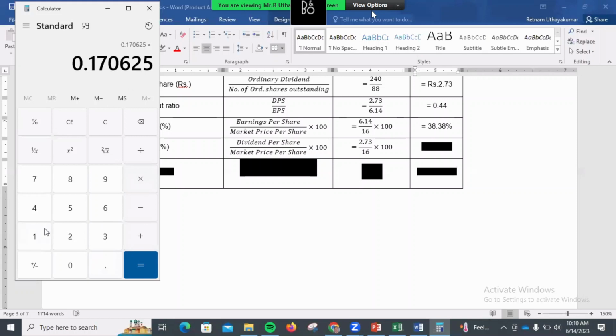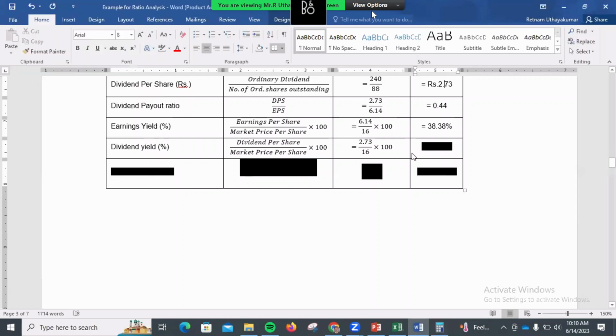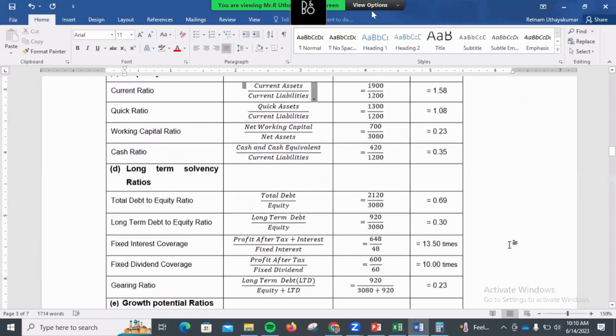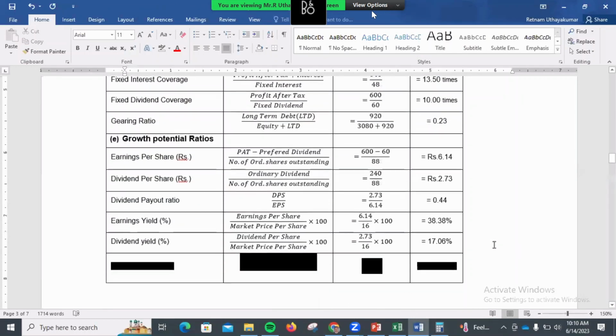And you can multiply it by 100. So the result is 17.06 percent. Don't forget that it should be placed in percentage.